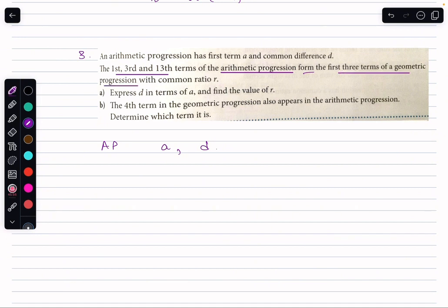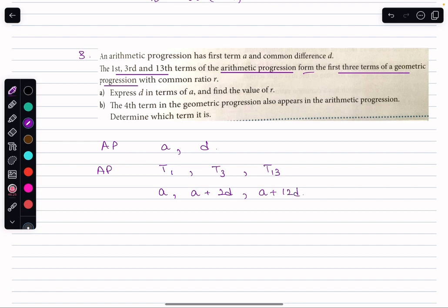So that means if I compare my AP, they are talking about the first term, which is T1, the third term, and then the 13th term here. So the first term can be written as a, the third term can be written as a plus 2d, and the 13th term for the arithmetic progression can be written as a plus 12d.